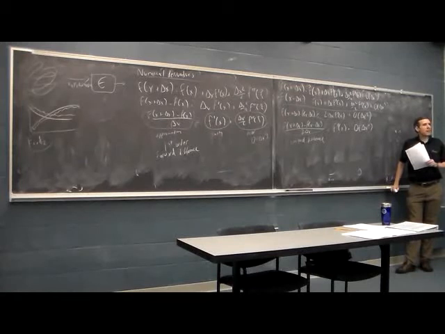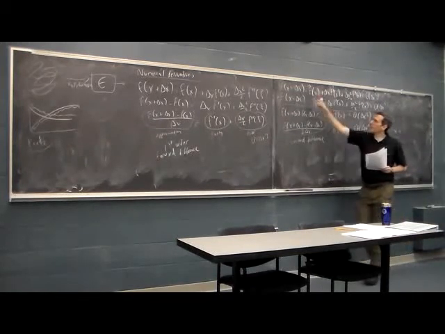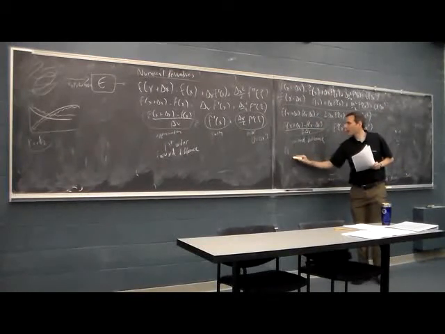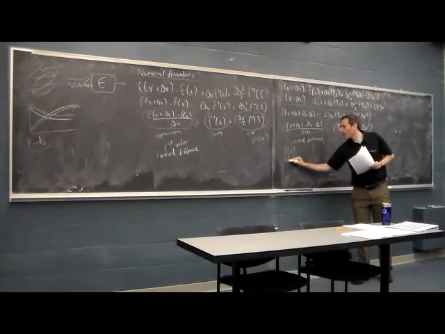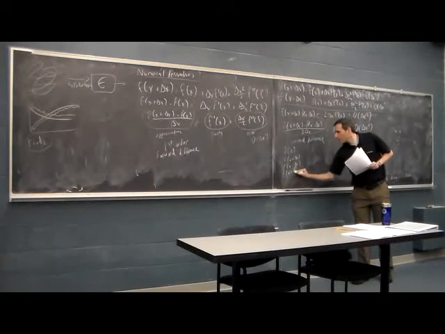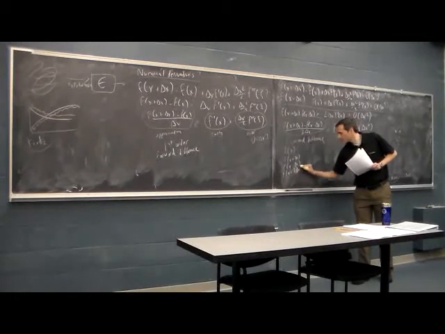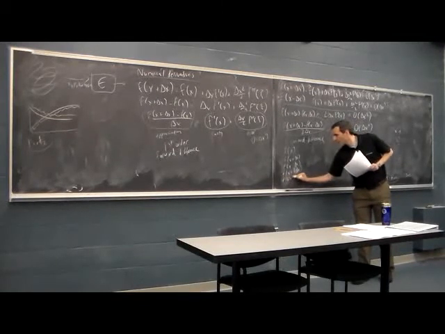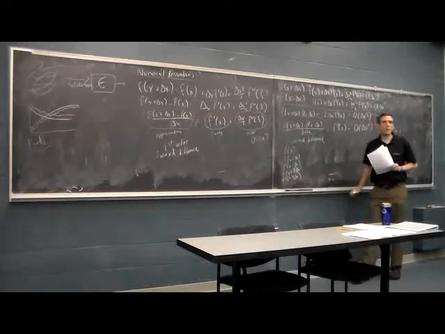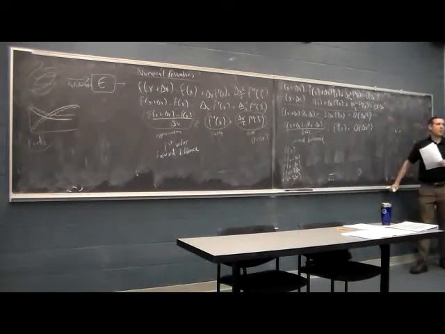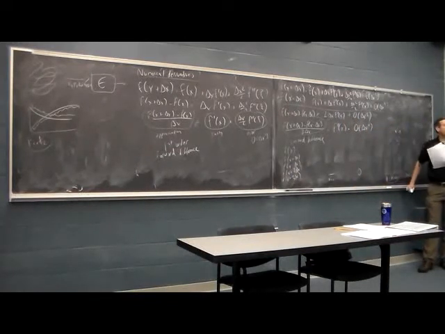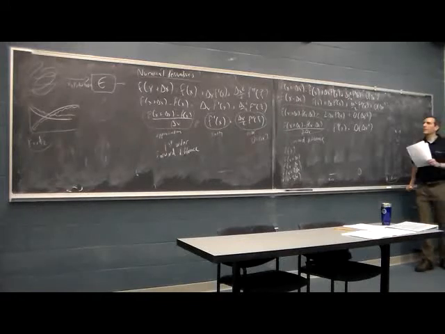Now we could derive other orders of accuracy by simply taking whatever combinations of perturbations of f of x we want. So we could take f of x plus delta x, f of x minus delta x, f of x plus 2 delta x, f of x plus 3 delta x, whatever mixture of these we want. And what we do to derive a formula like this is basically convert it into a linear system.